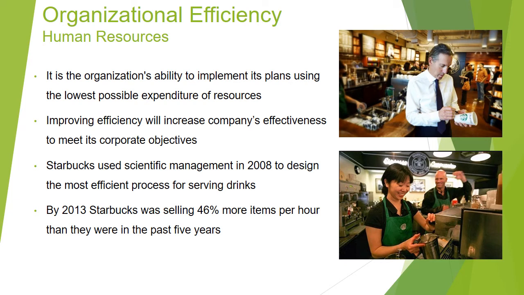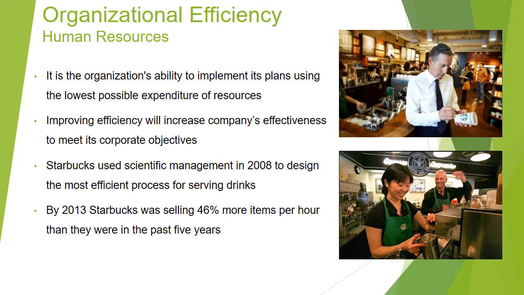Organizational efficiency. Organizational efficiency is the organization's ability to implement its plans using the lowest possible expenditure of resources. It essentially refers to the amount of output obtained from a given input. From a Starbucks perspective, we look at two areas for efficiency improvement.